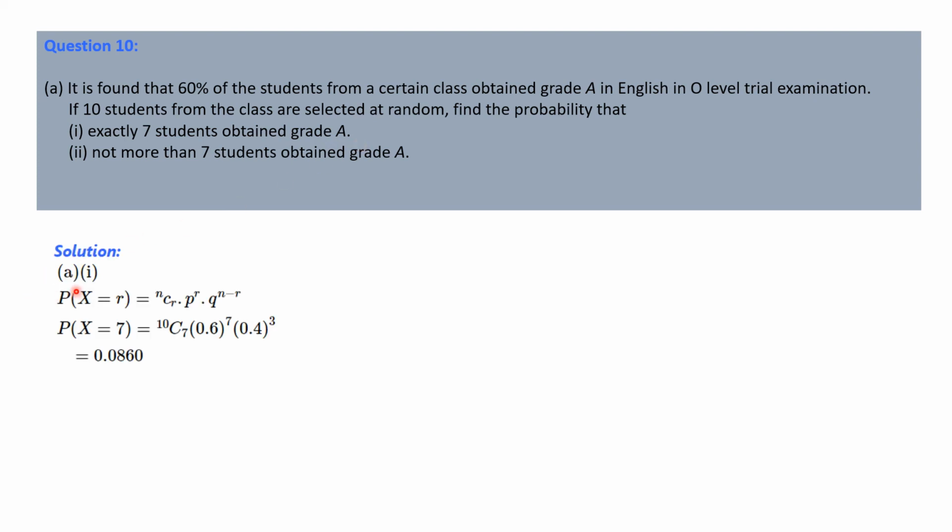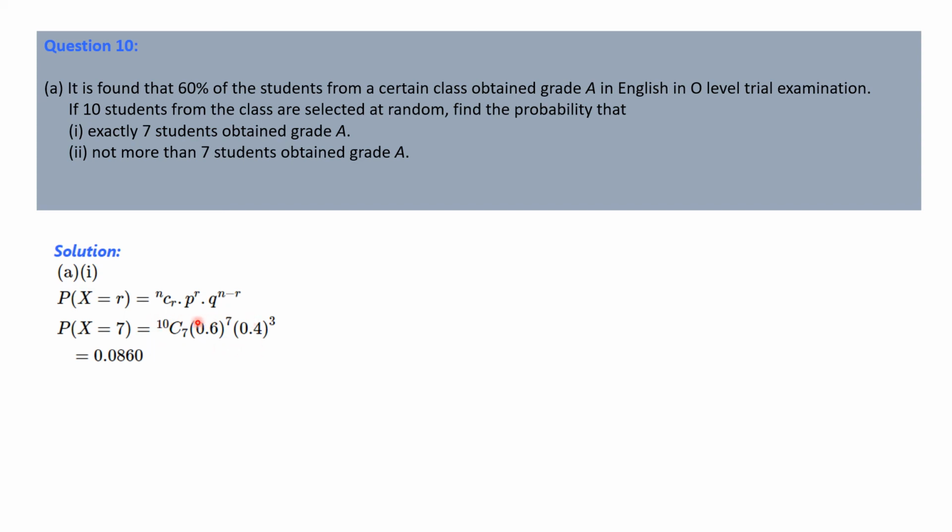We have to find exactly 7 students obtain grade A. We have n equal to 10 and our probability p is 0.6, which is 60%. So with q equal to 0.4, we substitute the value into the formula.